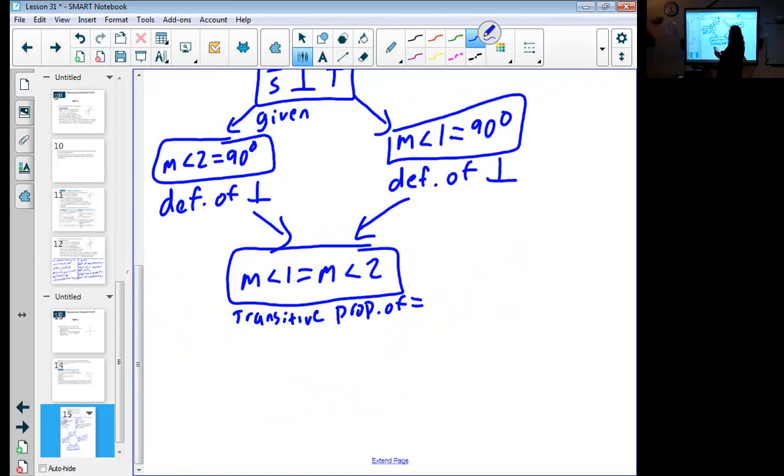Now we have an arrow: angle 1 is congruent to angle 2. And this is the definition of congruent angles.